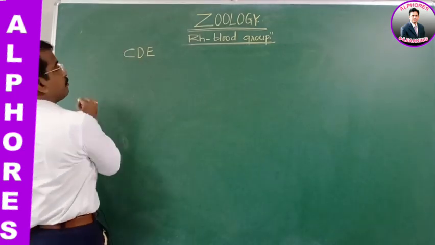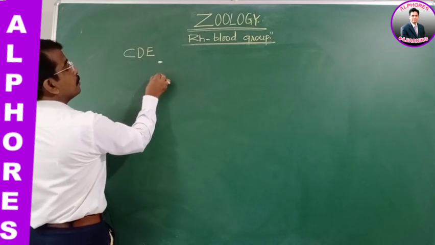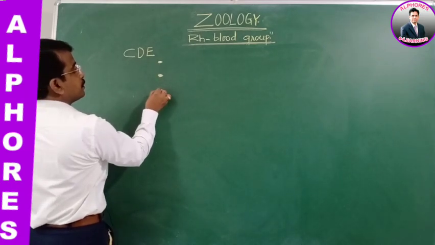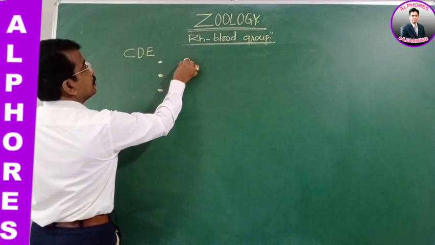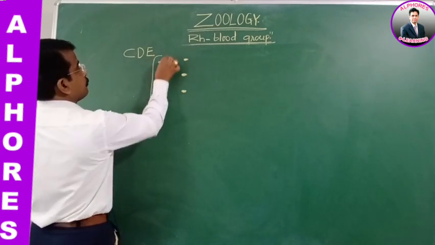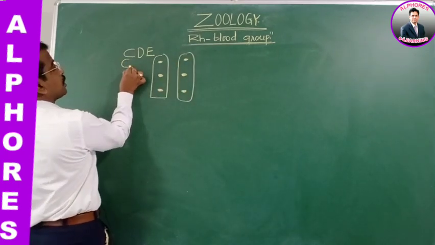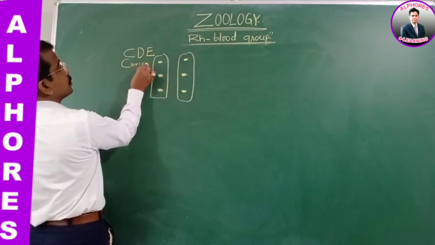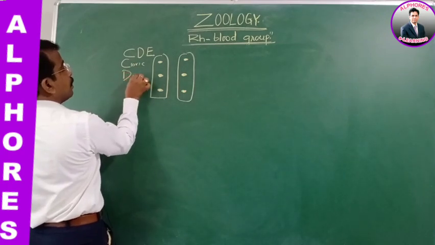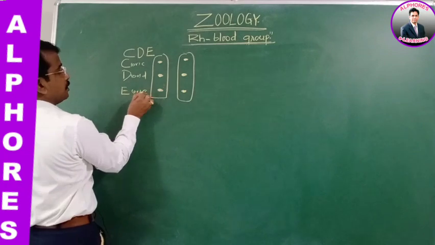What we discussed is that these are 3 different loci. Look at here, in a pair of chromosomes, either capital C or small c, capital D or small d, capital E or small e.